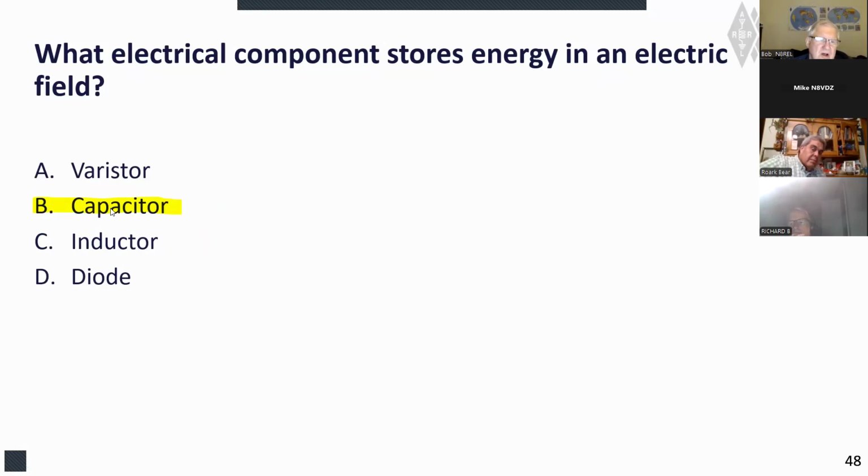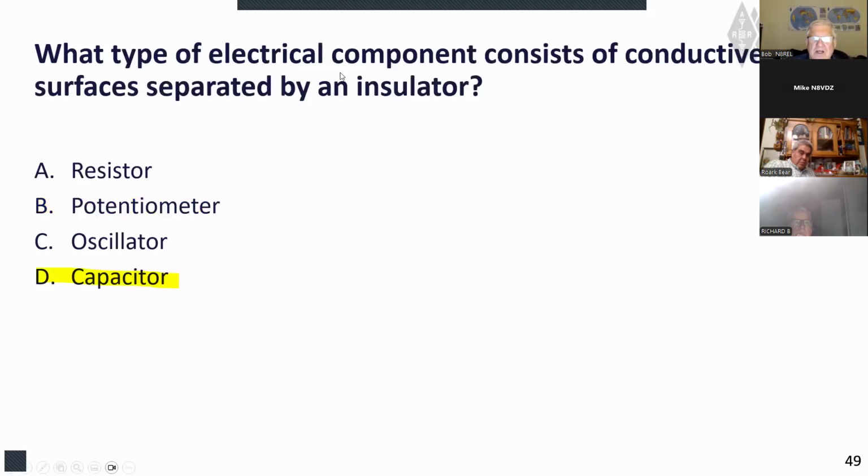This is just the other side of that question. You could very well get one or the other. If you're lucky, you get both questions, because it's an easy one. Which electrical component consists of conductive surfaces separated by an insulator? That is a capacitor.